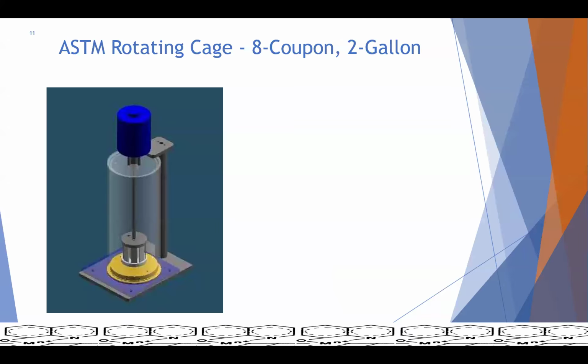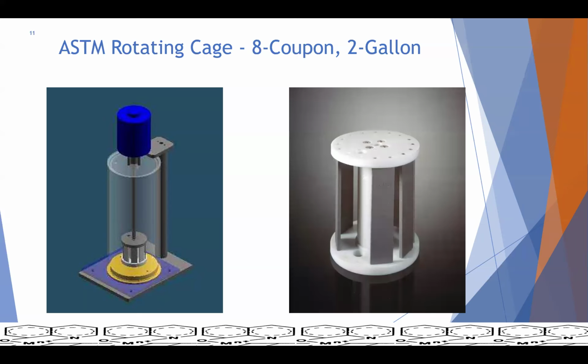So this is how the apparatus would look, with 8 coupons with a hole on the top as well as at the bottom. This is a close-up shot of the coupon assembly. Again, note that there should be 8 coupons. 1 coupon was removed in this photo. And again, note there is a hole at the top and a hole at the bottom. These are very, very specific geometry when we say ASTM rotating cage.